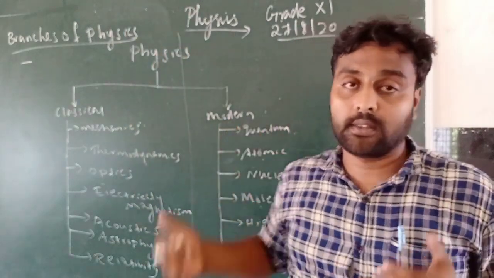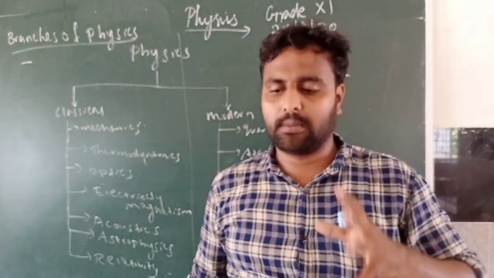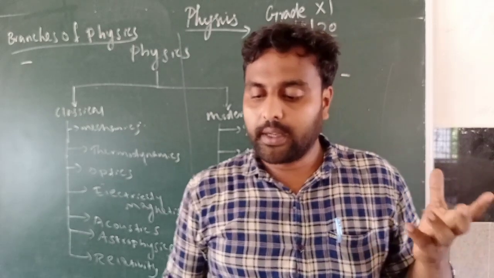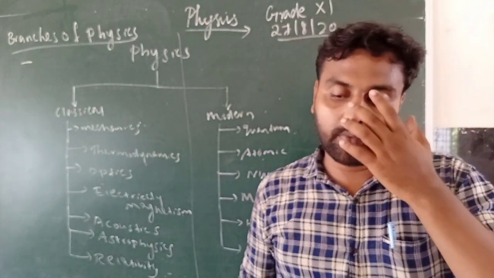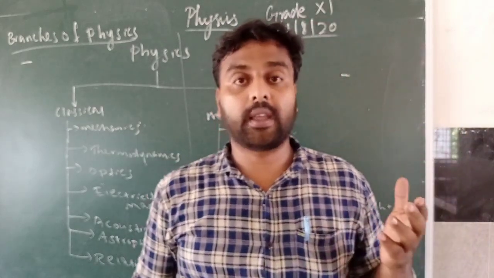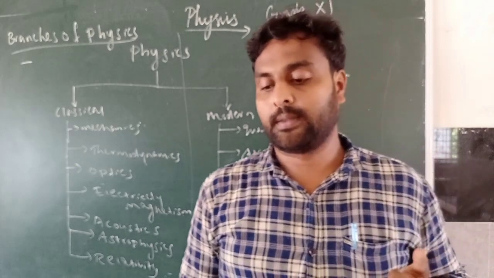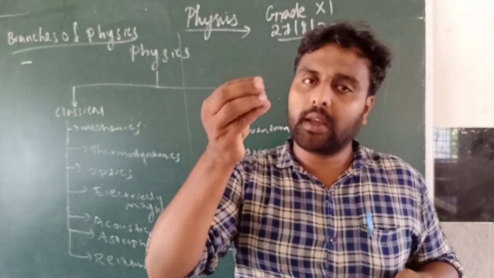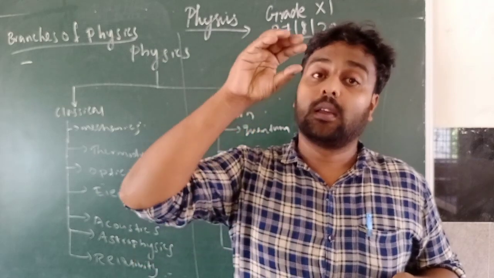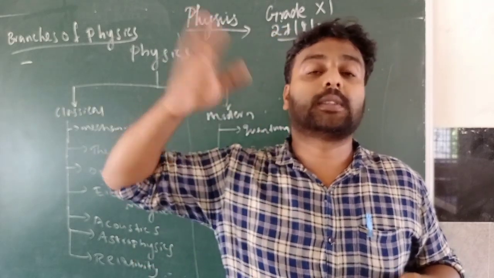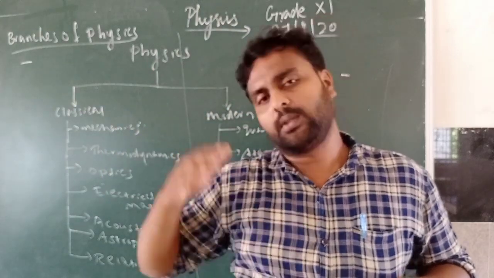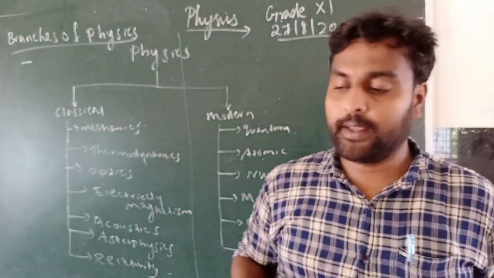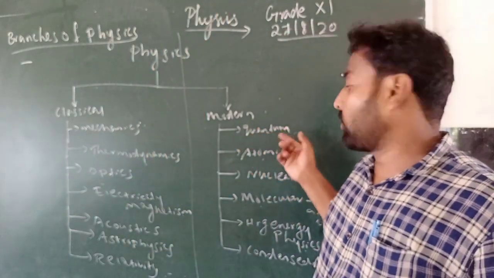Now just remember what it is used for: the study of the discrete nature of phenomena at the atomic and subatomic levels. So we are studying about atoms and subatoms, where some energy transmission will be there. This is what we will study in higher grades. So that is quantum mechanics.